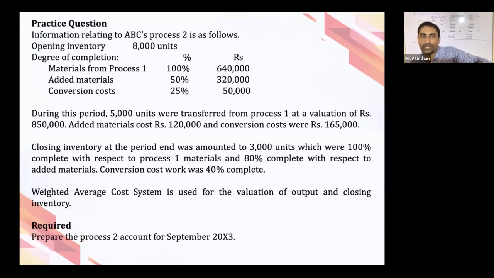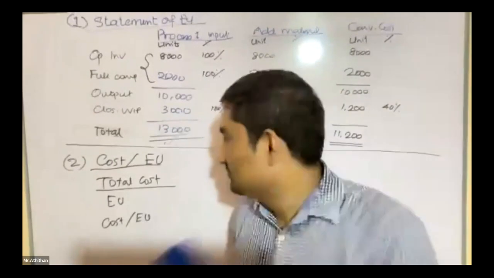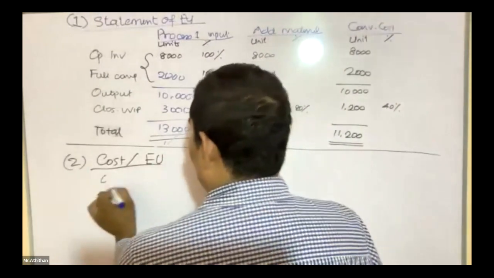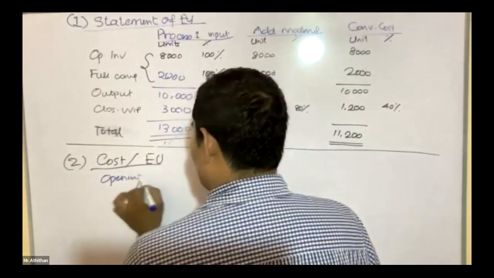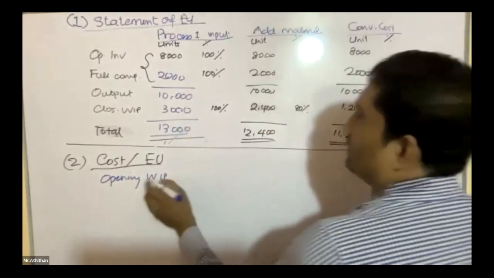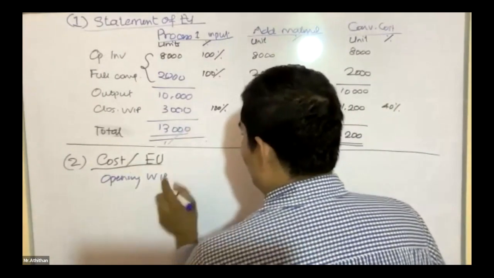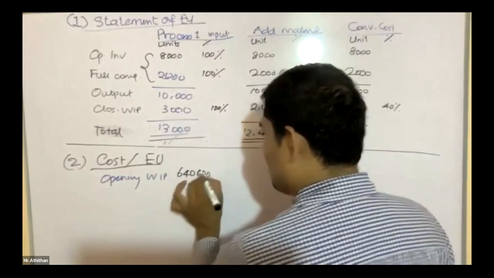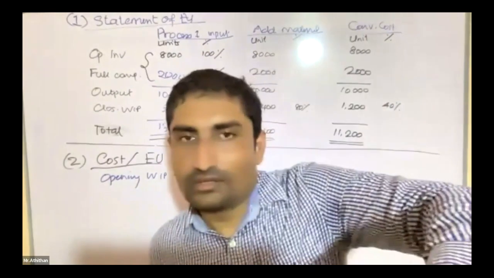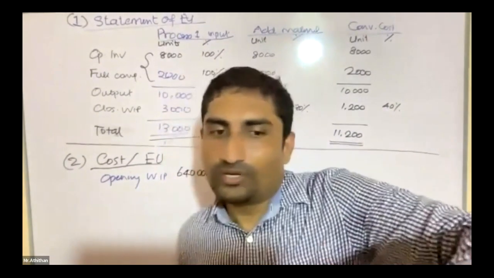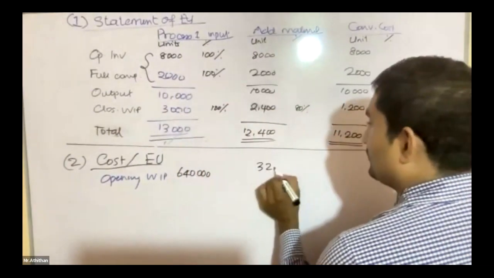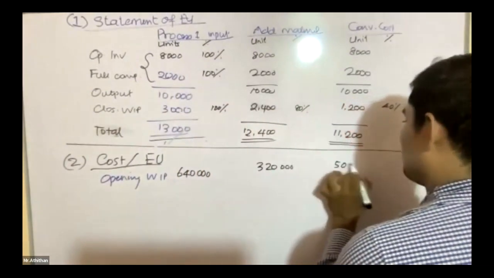So that is for opening inventory. 640,000, then 320,000 and 50,000.